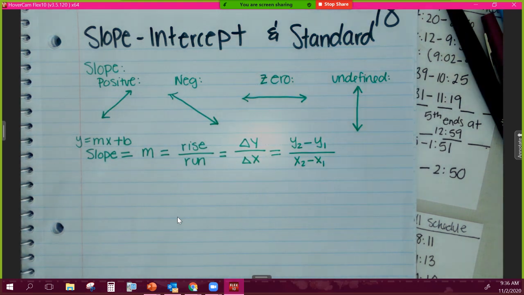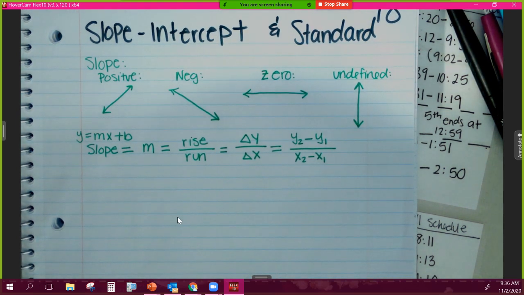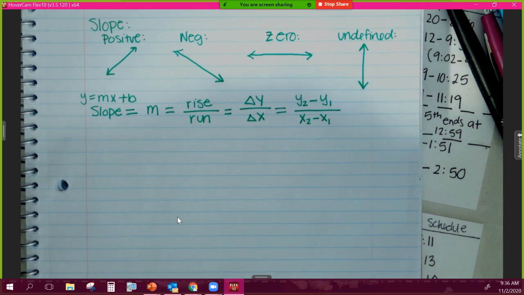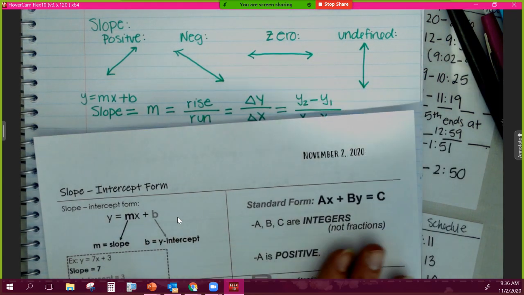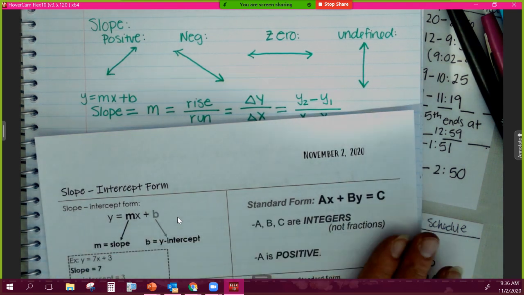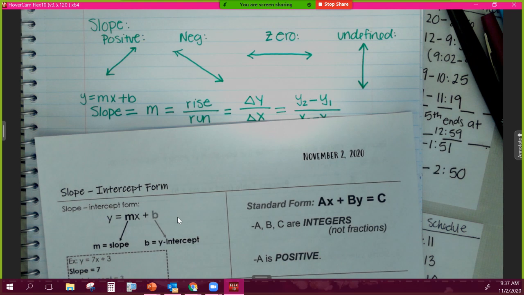All right, so that's just a quick little slope refresher. Okay, now when you're ready, open up your notes, and we're going to talk about slope-intercept form and standard form.